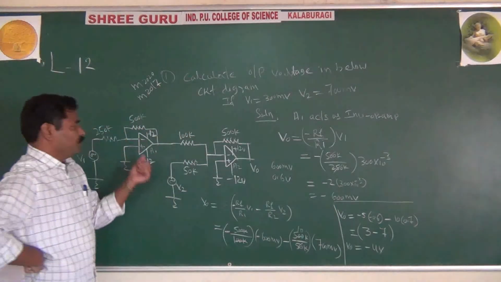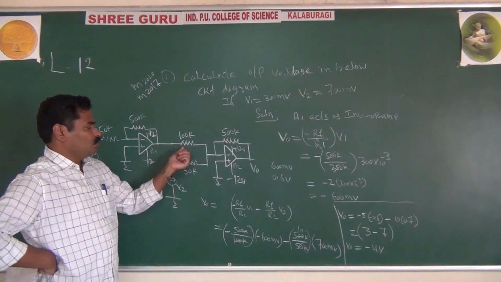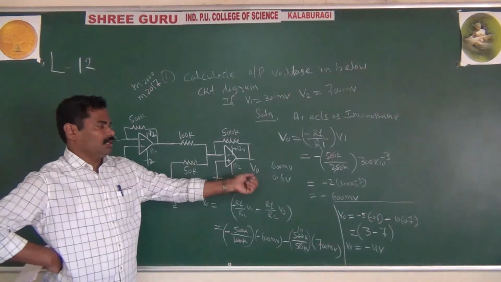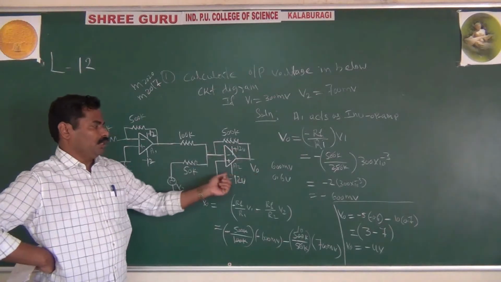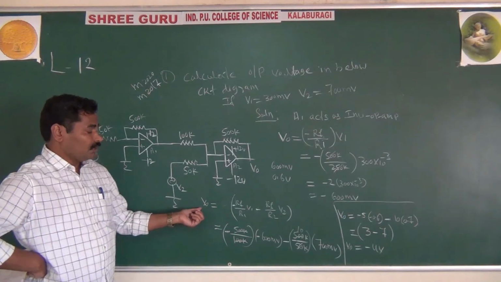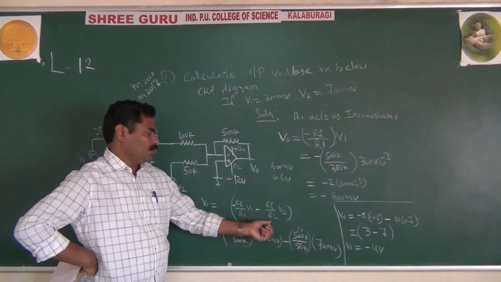And this output acts as the input for your adder, because you are applying two voltages. These two voltages will be added and you get the result across the output. It means your A2 acts as an adder. For the adder, we know the formula, RF by R1 into V1 minus RF by R2 into V2.